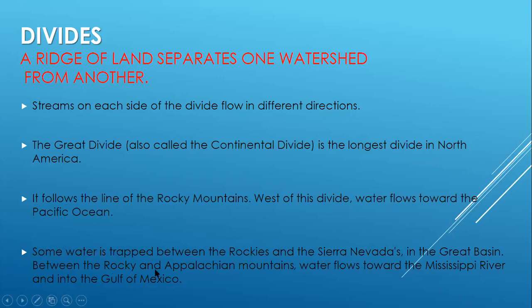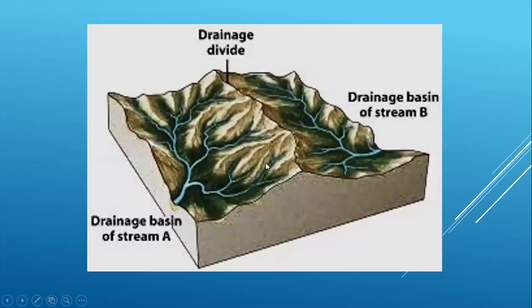Between the Rocky and Appalachian Mountains, the water flows towards the Mississippi River and the Gulf of Mexico. So it's like a big watershed after the divide. That big ridge here is dividing the watershed, so we can get a watershed separated from another watershed by this drainage divide. So we sometimes call the watershed a drainage basin.